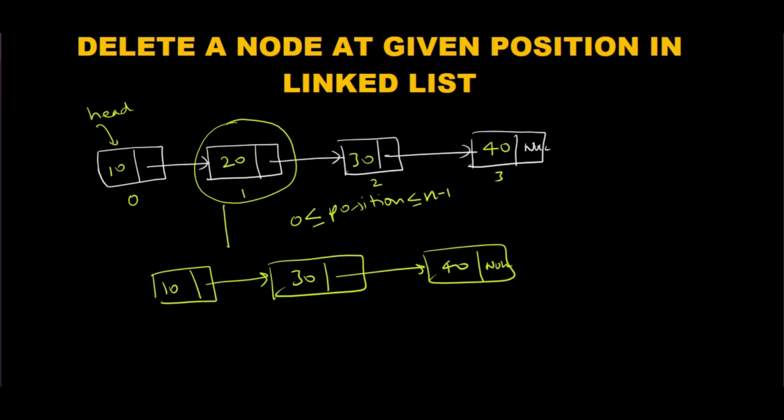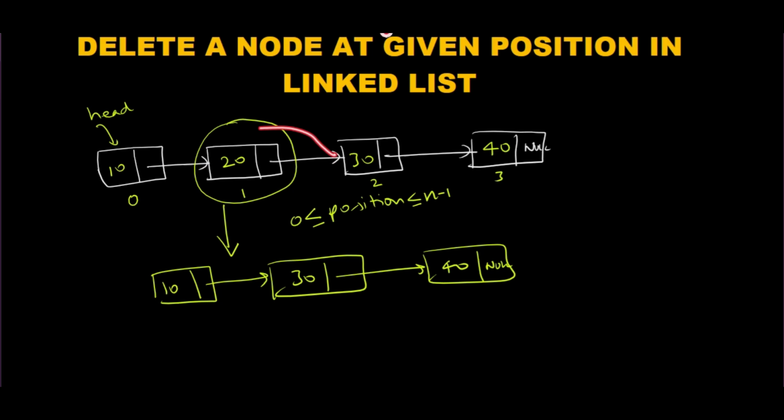So how do we reach from here to here? We see if we need to delete a node, we just need to change this link from here to point it to here. So we just need to change this link only. Okay. This is clear.